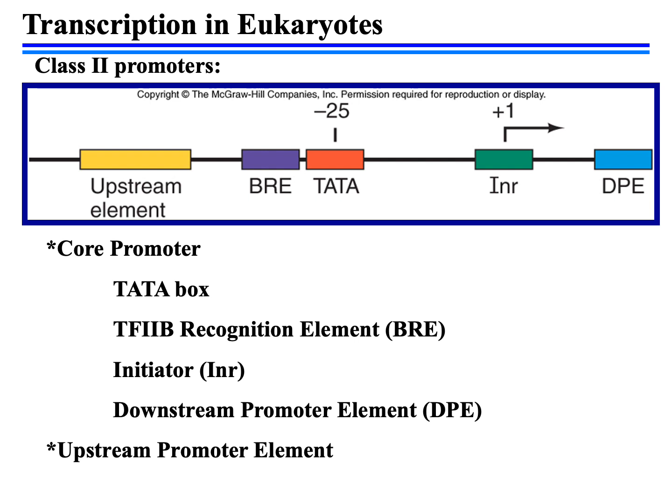Okay, since I mentioned the DPE, or the downstream promoter element, we'll talk about that just a little bit. That's indicated in the blue, and it's all the way over to the right on this particular slide. It's typically found about 30 bases downstream of the transcription start site, and it also plays a role in binding generalized transcription factors.